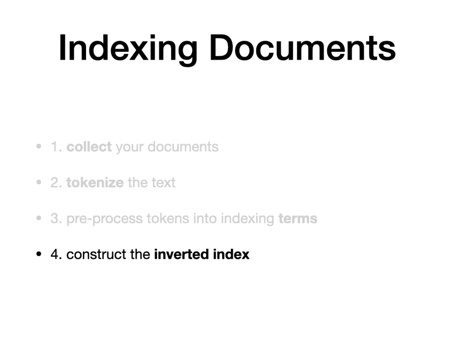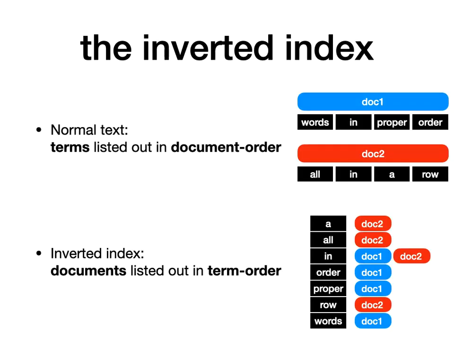Okay, so indexing documents proper. All right, so now we've got our documents chopped up into terms, just kind of sitting there. They're still in the right order. We're going to invert that. So the reason these are called inverted indexes is normal text are terms listed out in the document order, right? The order in which the words will appear in your document. Words in proper order, all in a row, right?